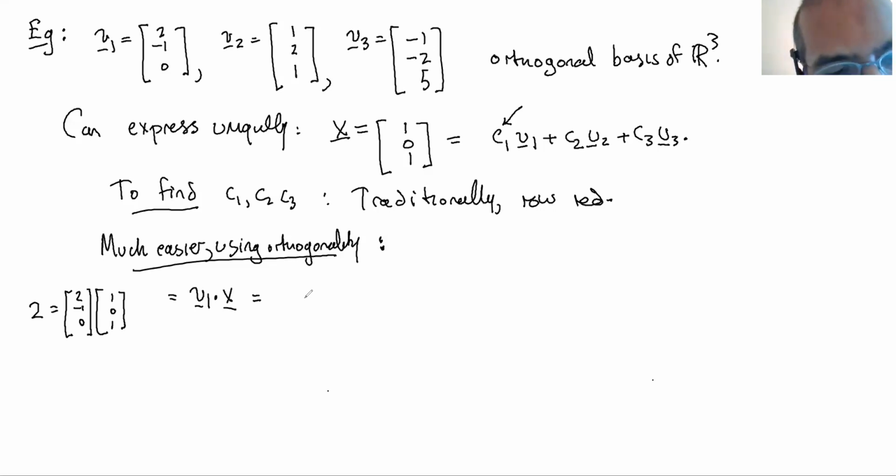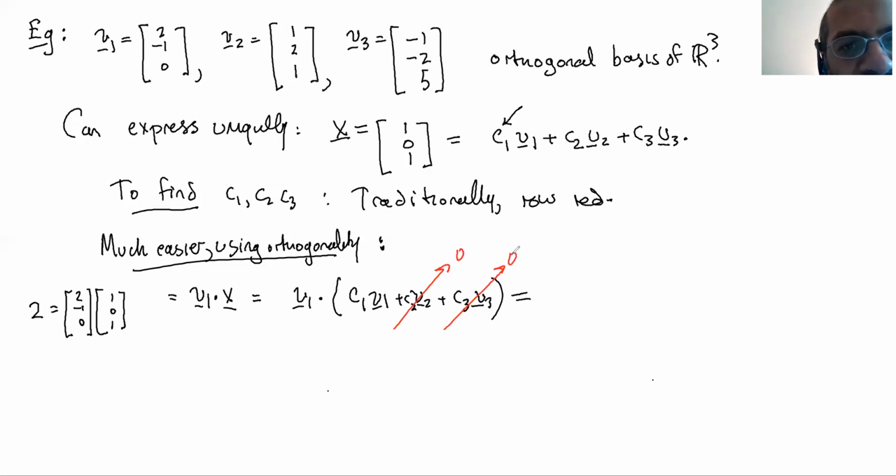On the other hand, it's also equal to U1 dot this linear combination that I don't yet know. But again, by the same trick, by orthogonality, these go away.